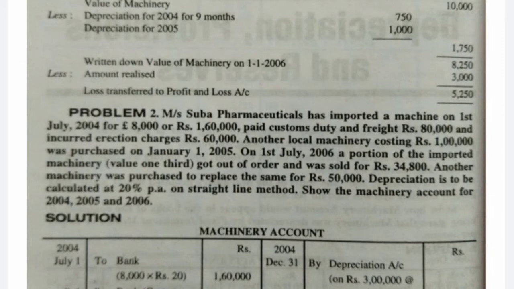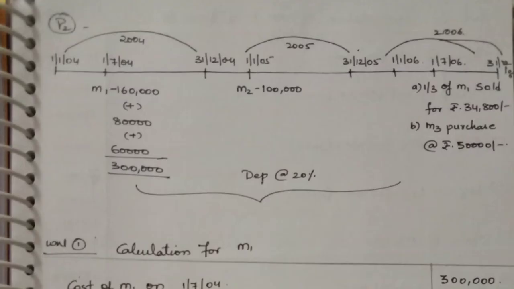If they give both years, that is 4 and 5, you need to consider it as from 1st April of this year to 31st March of next year, the accounting year. In this question they are asking based upon the calendar years, that is from 1st January to 31st December, both in the same year. Like this you need to remember. So depreciation at the rate of 20% on straight line method means you need to calculate the depreciation on the original cost of machinery. So now let us start with the solution.